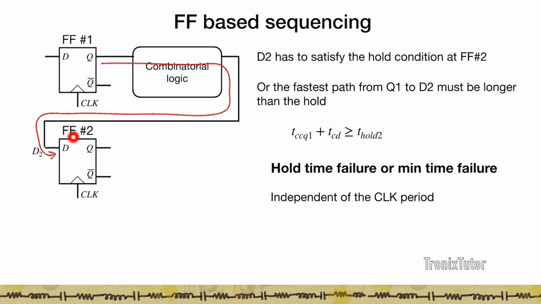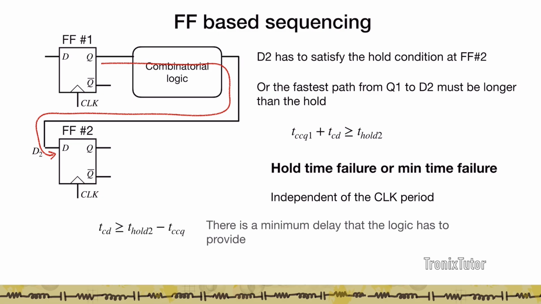This is purely determined by the times of the flip-flop and the contamination delay of the logic. So what we see now here is that the contamination delay of the logic cannot be 0. It needs to be such that it is larger than the hold time minus TCCQ. So there is a minimum delay that the logic has to provide.